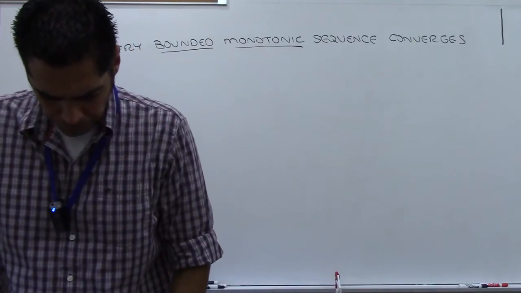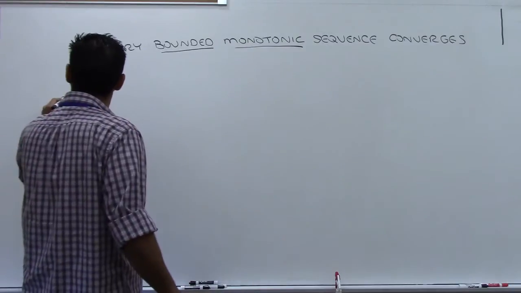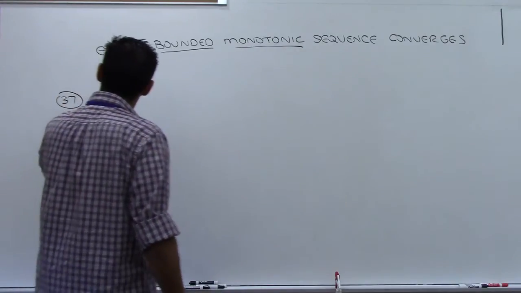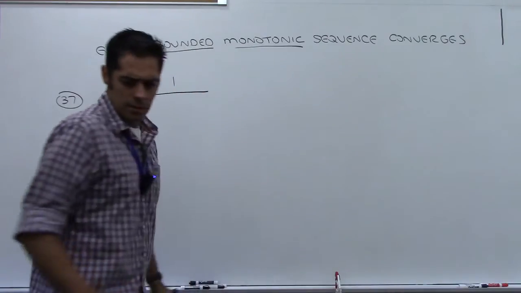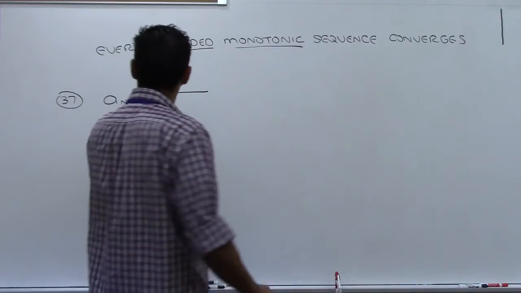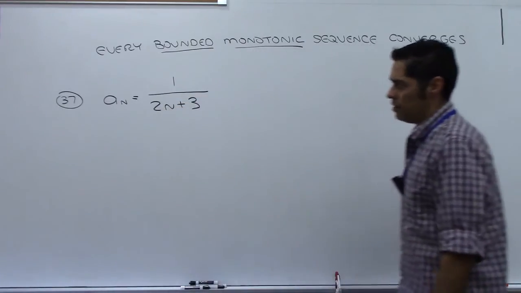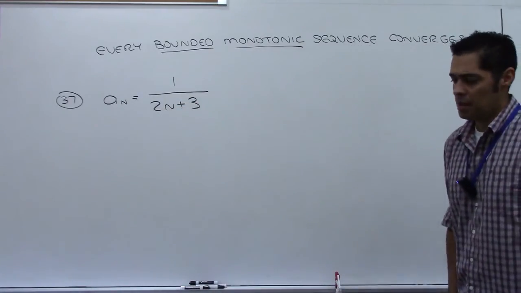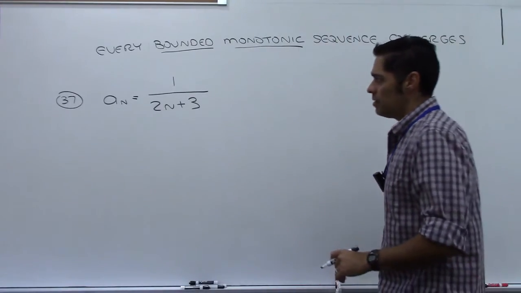So we're going to look at number 37. The sequence is 1 over 2n plus 3. Now we know that this converges. I mean, there's no question about this, because if we let n go to infinity, it's pretty obvious that we're going to get 0.